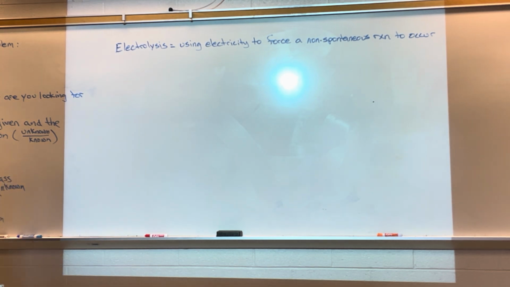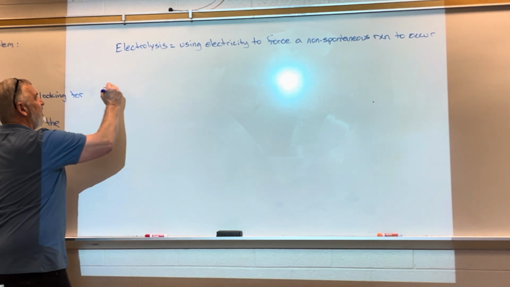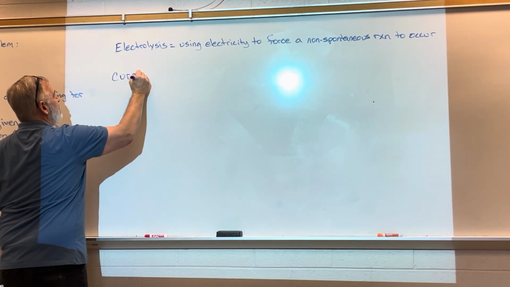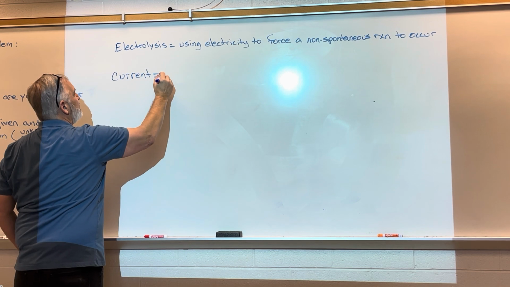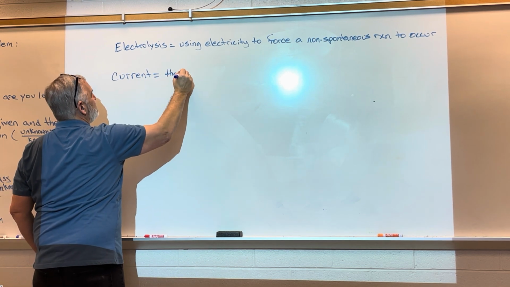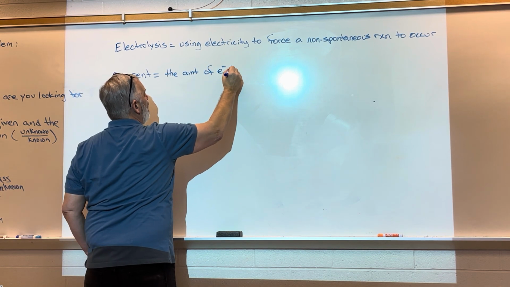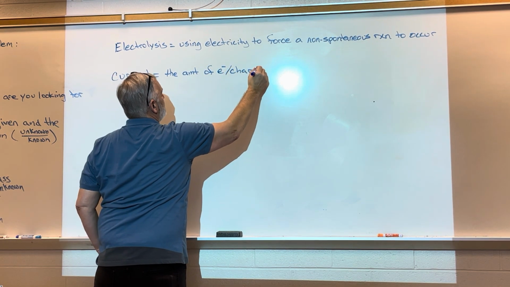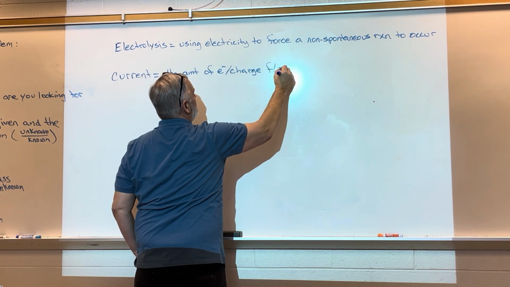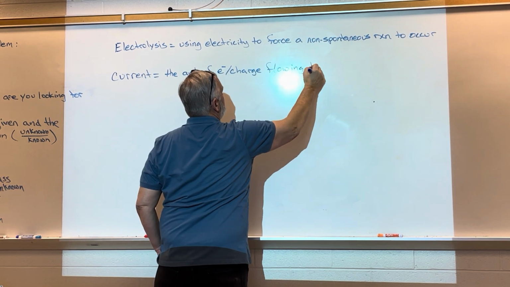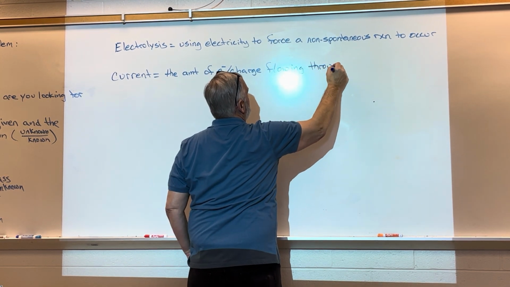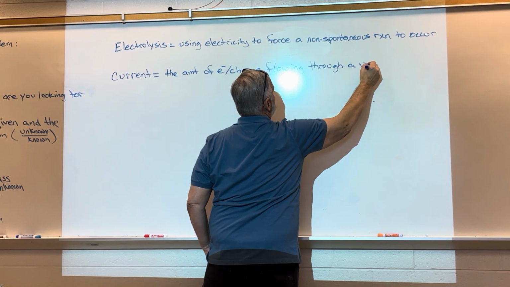The amount of water flowing through is current. Current is equal to the amount of electrons or charge flowing through a wire or a solution.